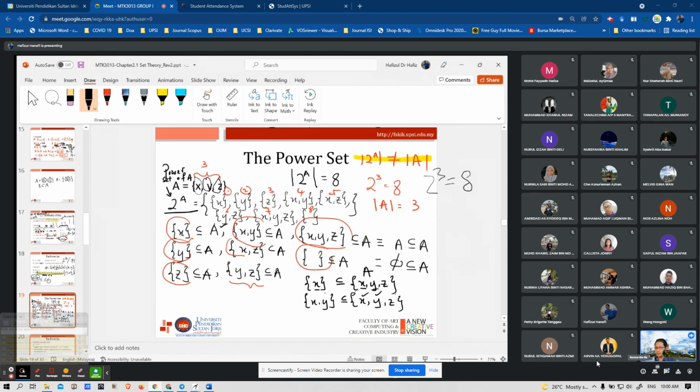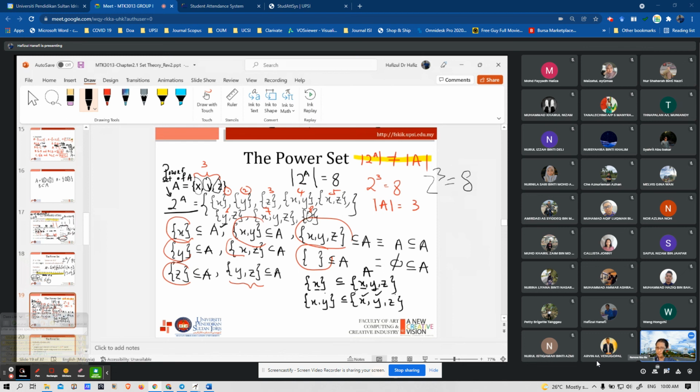And then the power set of A has all possible values: X, Y, Z, X Y, X Z, X Y Z, and the empty set.